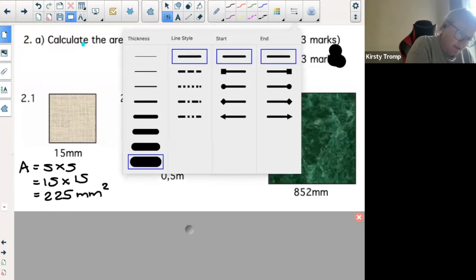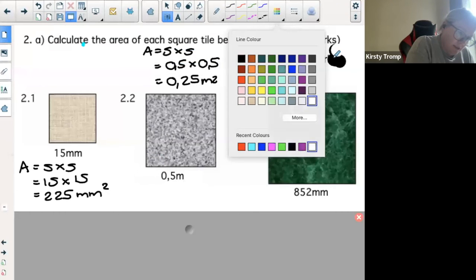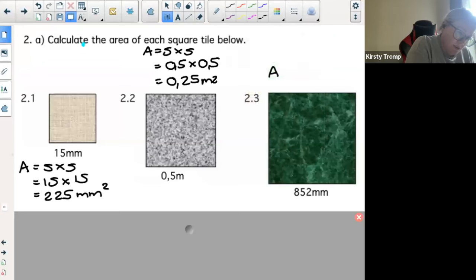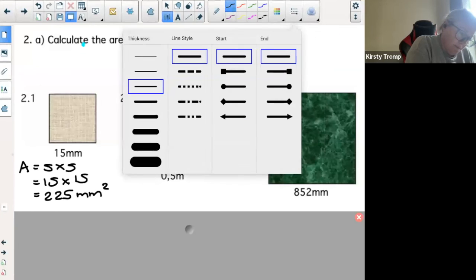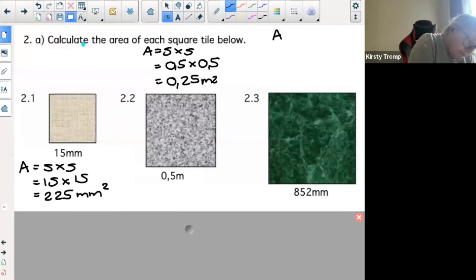Oh dear. Sorry, everybody. So, area equals side times side. So 852 times 852 equals 852 times 852.